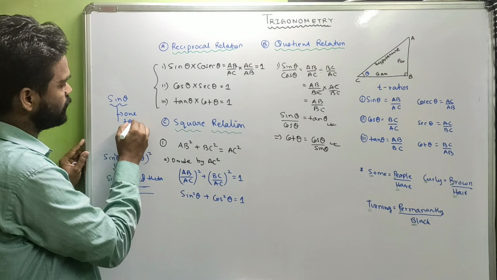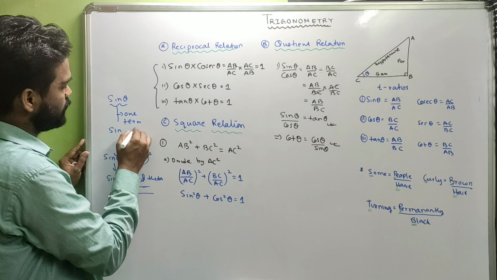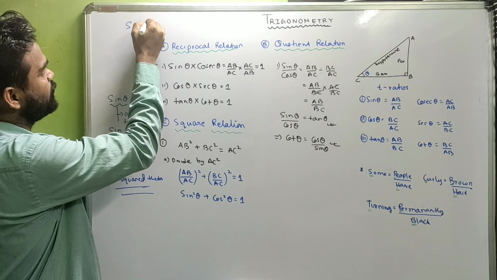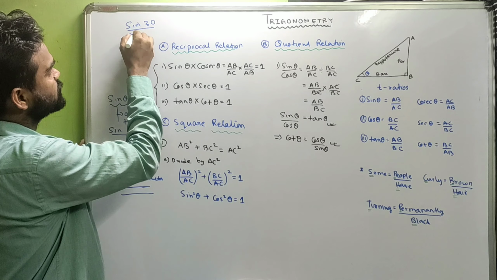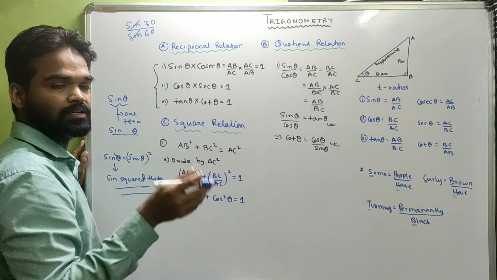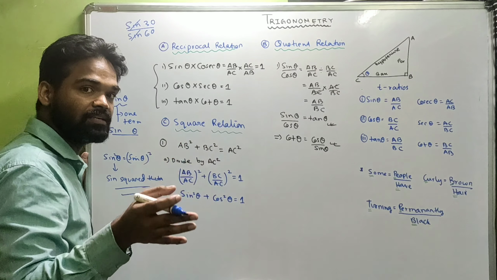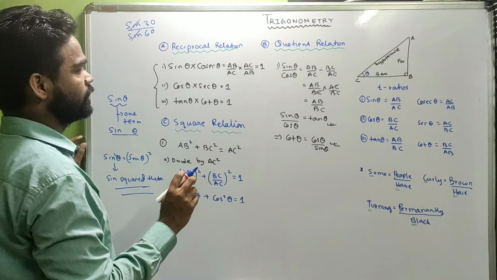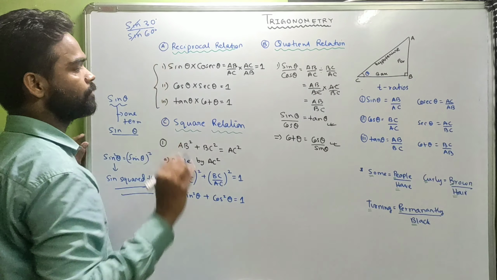Sine and theta are not separate terms. Which means if something is like sine 30 by sine 60, please don't cancel like this. Sine never cancels. It's one quantity. The entire sine 30 is one quantity. Okay, remember this, suppose 30 degree and 60 degree.